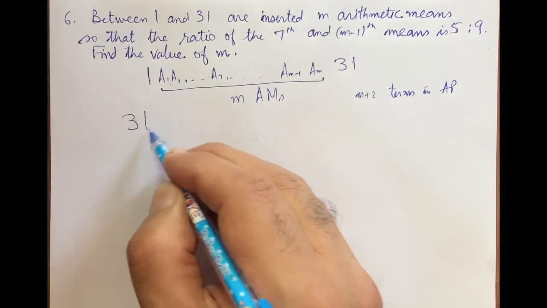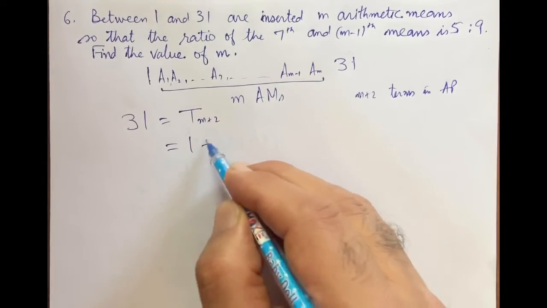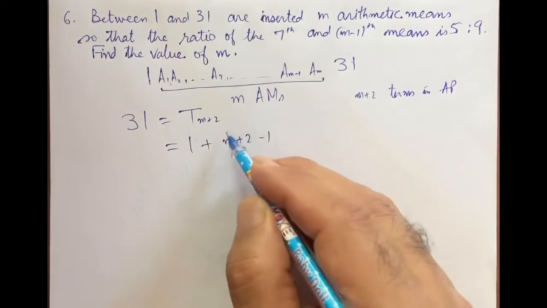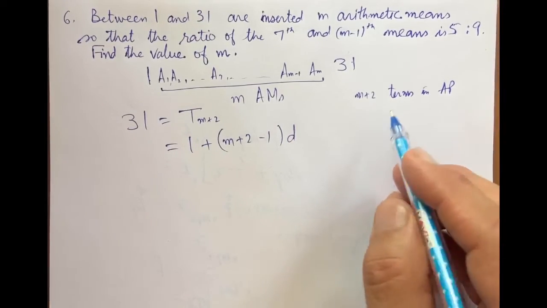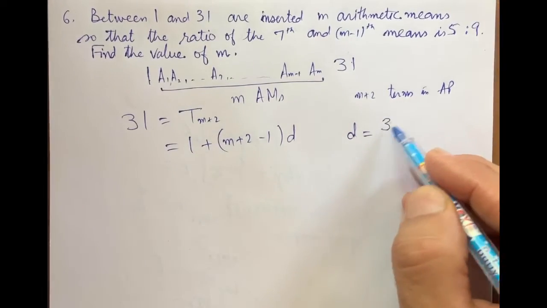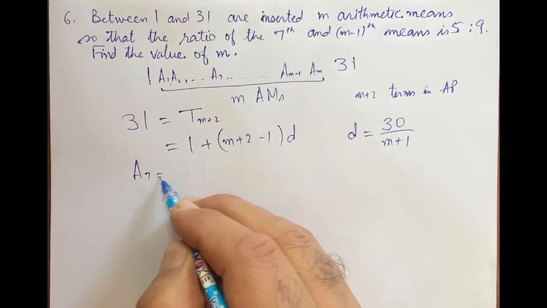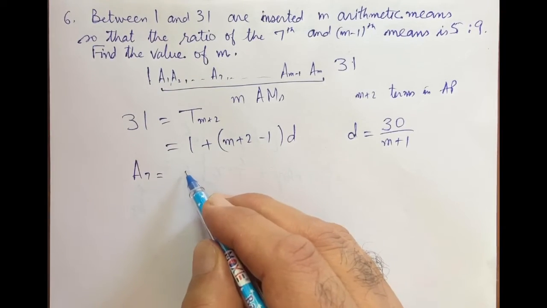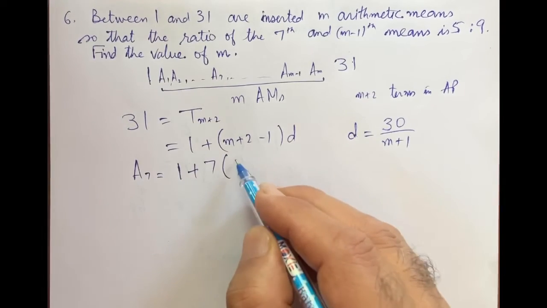What is 31? 31 is term number m plus 2. That's 1 plus (m plus 2 minus 1) into d. First term of AP is 1. This gives us d equal to 30 upon m plus 1. And 7th arithmetic mean, that will be 1 plus 7 times d.